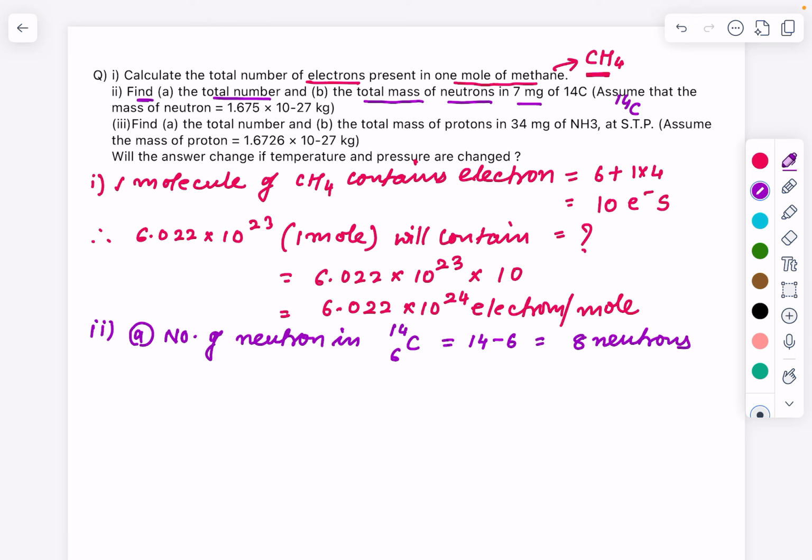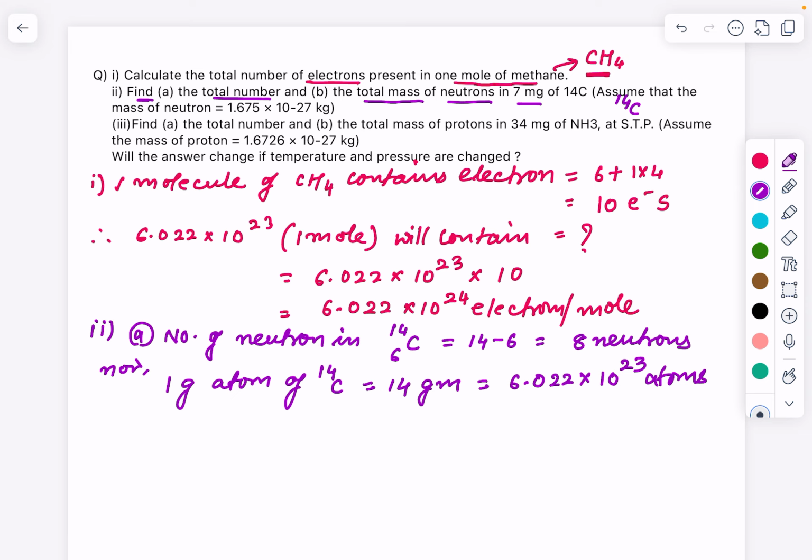So you are having 8 neutrons in carbon 14. Now we need to find the total number of neutrons in 7 milligrams of carbon 14. Now we know that 1 gram atom of C14, that is C 6 14, is nothing but 14 grams, right? 1 gram atom of carbon 14 is 14 grams, which is equal to 6.022 into 10 to the power of 23 atoms.